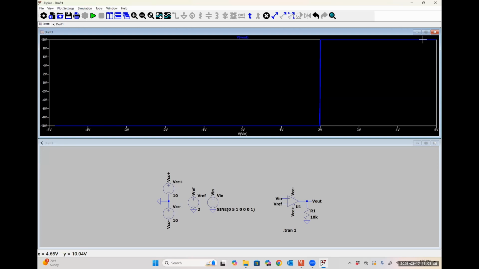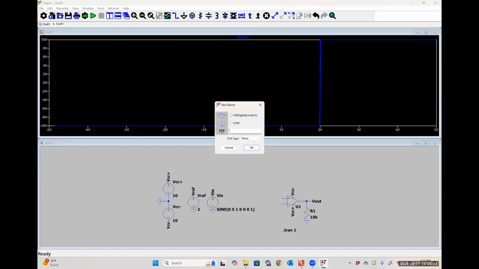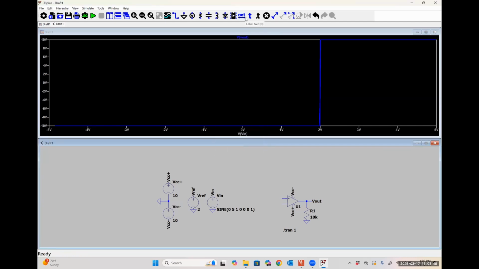If I were to swap the placement of Vn and Vref, what do you think would happen? Exactly right. Our graph should flip over so that I will have what's called an inverting comparator. We can do that really easily by just deleting these two and then telling it that I have my reference voltage.